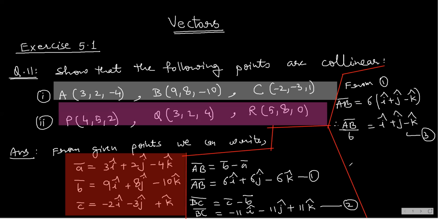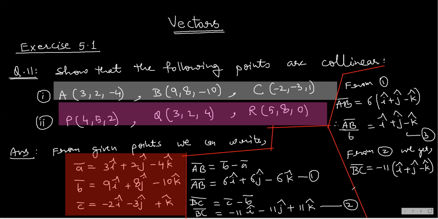Now let me work on 2. From 2, I will take negative 11 common. So here I get BC bar equals negative 11 out, and I get I cap plus j cap minus k cap, because I'm taking negative 11 out.